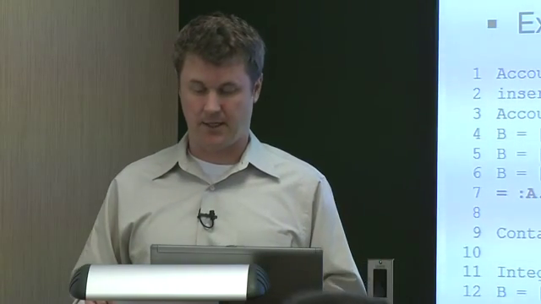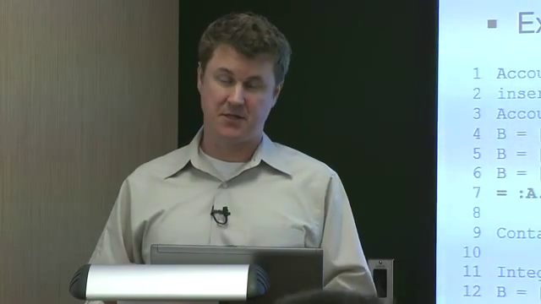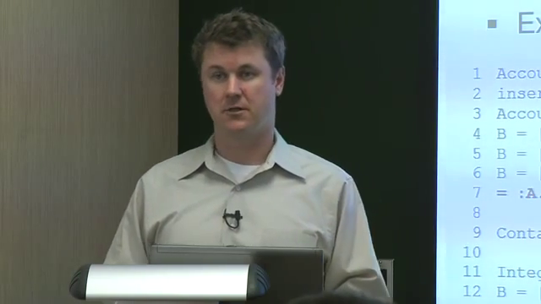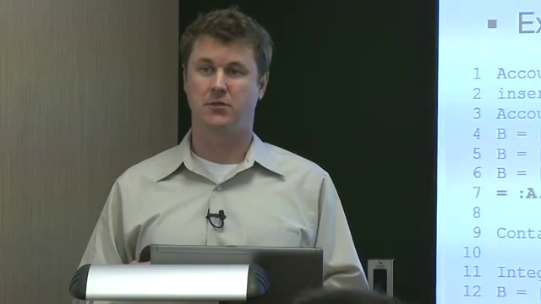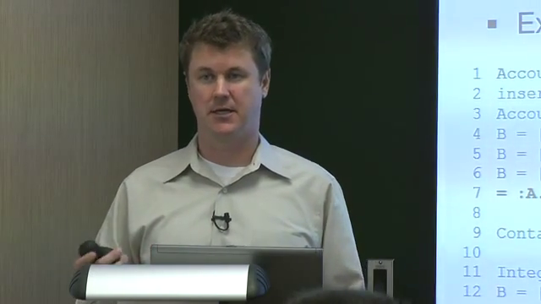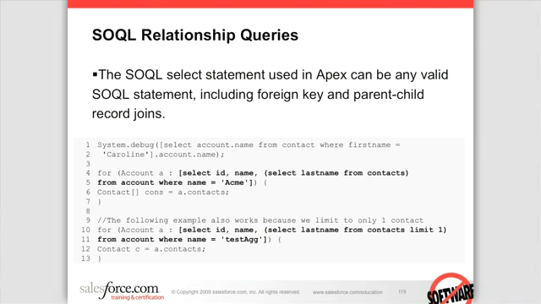The reason that you know that this will only return one sObject is because we're doing the lookup based on the ID. So the record ID is our primary key within our Salesforce database. We can also do relationship queries. So in this case, we can select items as a part of a related list.